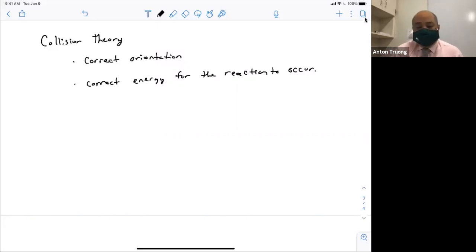And so everything that's a factor that affects rate of reaction affects one or both of these ideas to speed up the reaction. Okay.